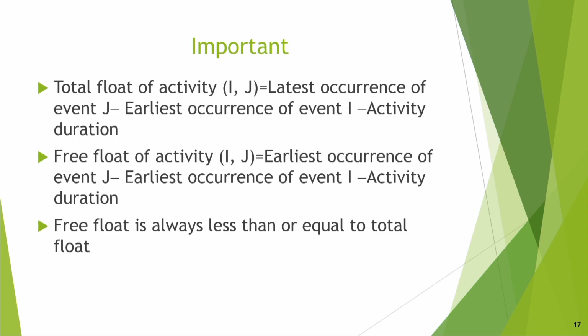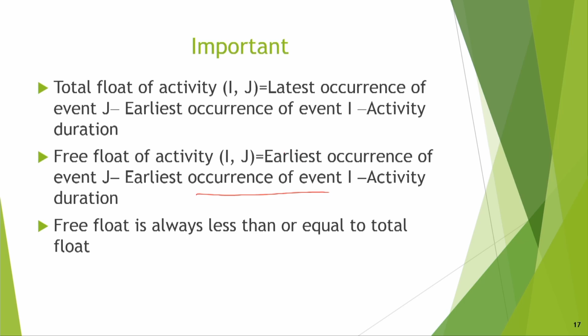That means if you talk in event terms, latest occurrence of event J minus earliest occurrence of event I minus activity duration. But the free float of activity is the earliest occurrence of event J minus earliest occurrence of event I minus activity duration.